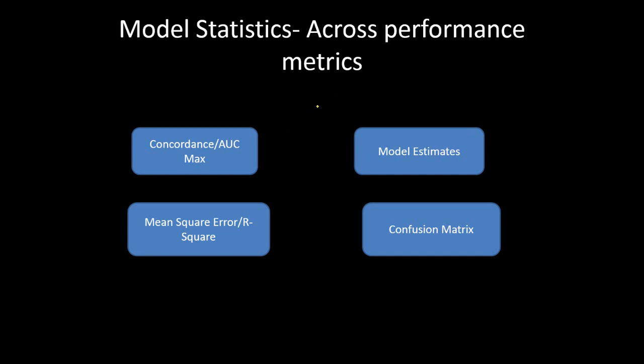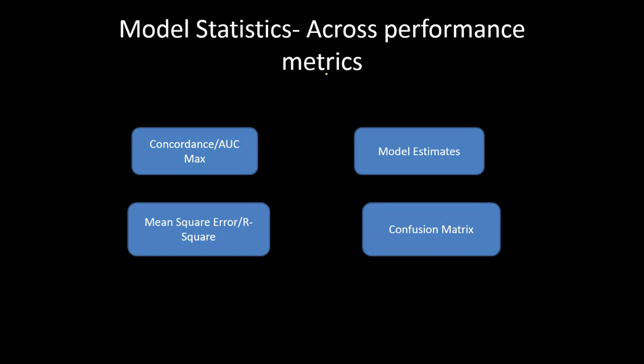If you are using a classification technique, you will have a number of classification-related performance metrics, and if you are using a regression type model, there are different ones. There is a difference between the way you will track your performance using one statistic compared to the other. Let me give an example.